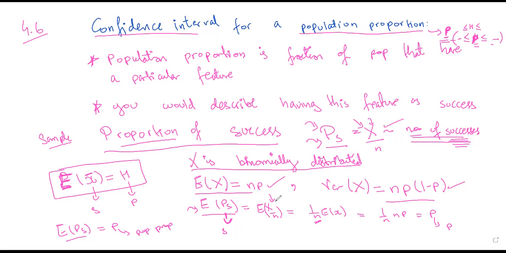So I have 1 by N times E of X. E of X is NP, we have discussed that. So I am going to get 1 by N into NP. I can cancel out my N's and I will get my P. Even if you are not able to understand this derivation, just know that we have this relationship. Are you clear with this part?